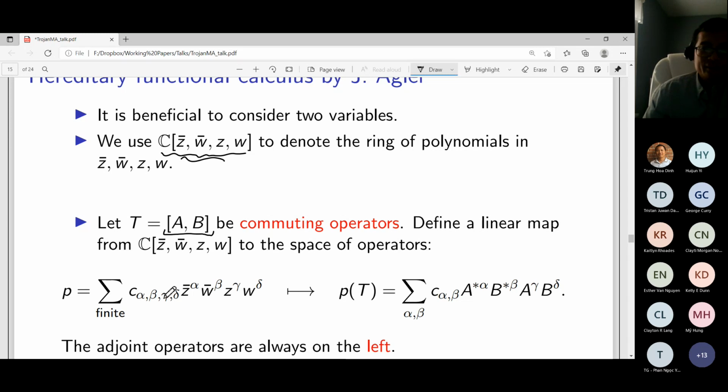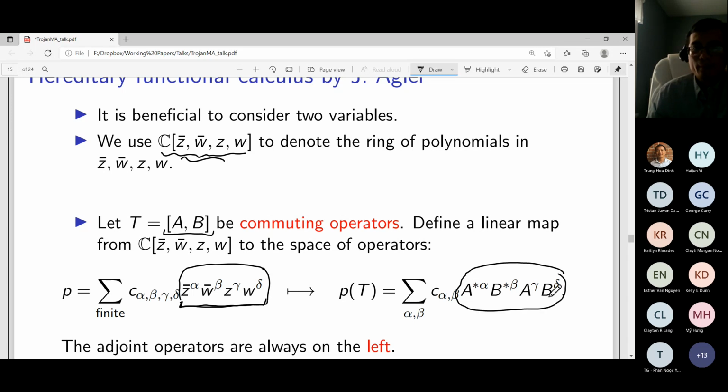Any polynomial, it's a little complicated, but basically it's just a linear combination of these monomials. So any polynomial in z bar, w bar, z, w is just a linear combination of these things. So I'm going to define a map as follows. These things just go to this operator.